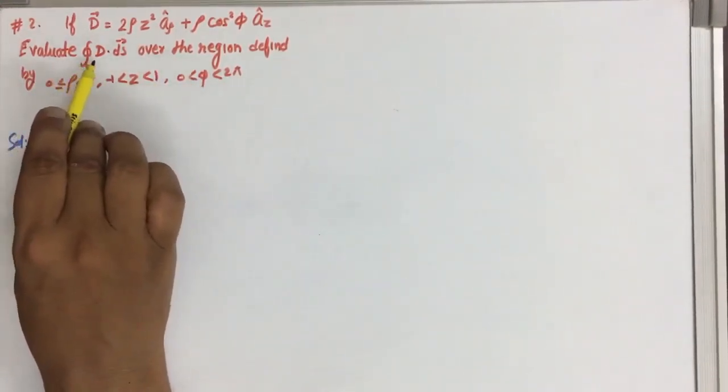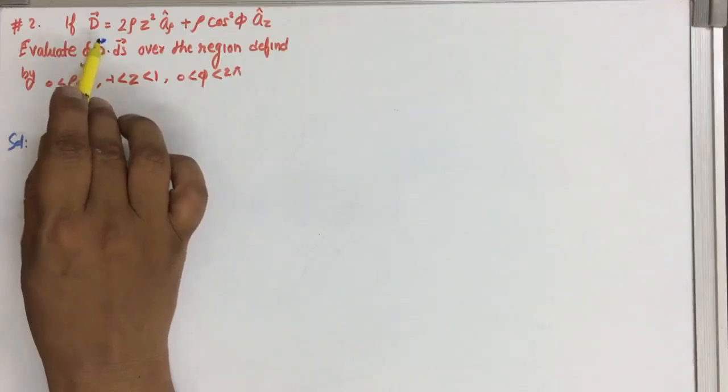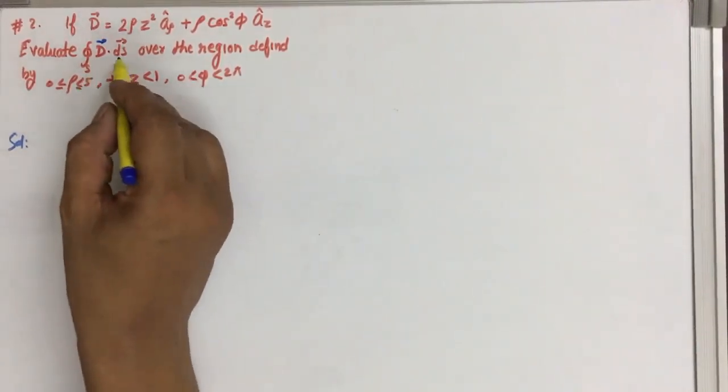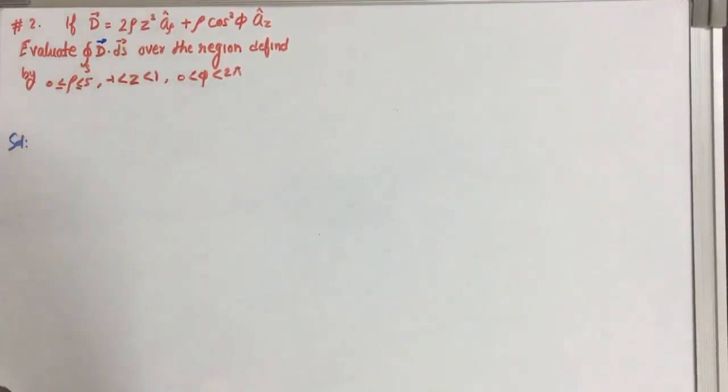So we have to evaluate the vector dot ds for the full surface. In this case it is based on the differential surface.